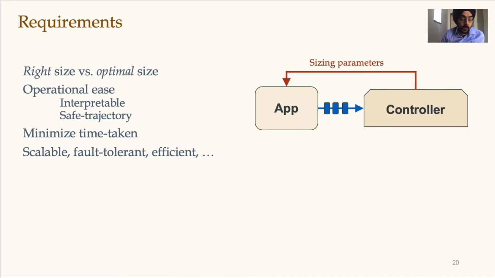Similarly, it should allow service providers to manually override or tweak the sizing decisions if required, and understand the sizing decisions. But more importantly, in going to the right size for an application, starting from a size, the controller should follow a trajectory that does not increase undersizing-related issues. The controller should, of course, minimize the amount of time taken to go to the size, should scale to a large number of apps, be fault tolerant, resource efficient, and so on.